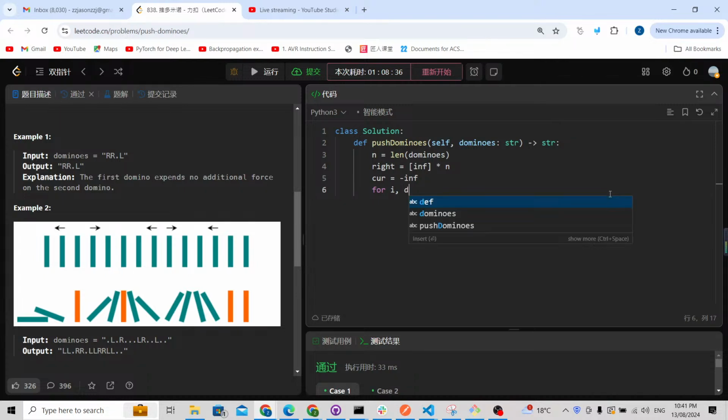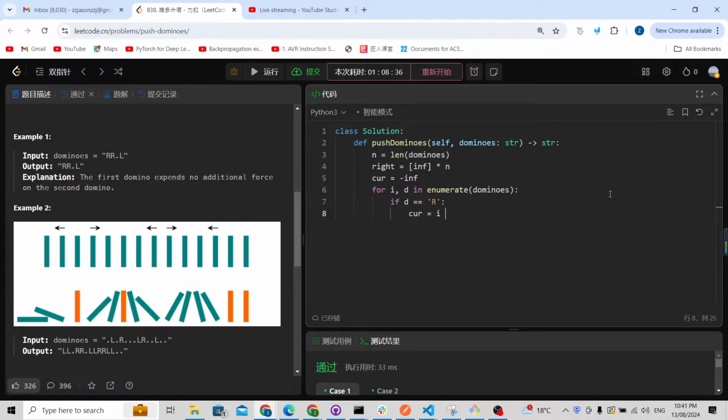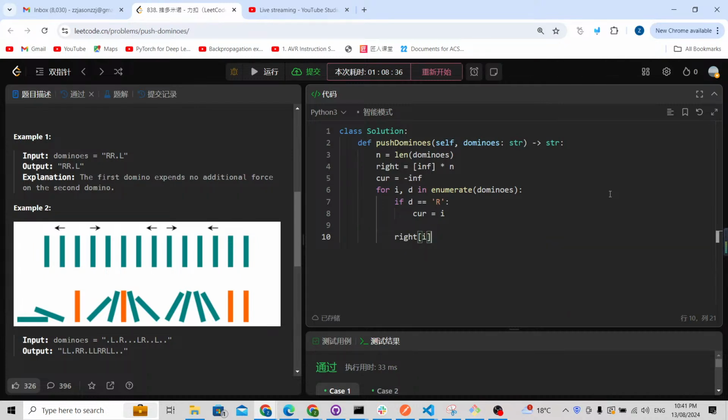So for i, d in enumerate the dominoes array, I want to check if the domino is R. I'm going to set the current to be i, because according to this current, I can check the distance. So the distance array is going to be the right array. So right[i] is going to be i minus this current.